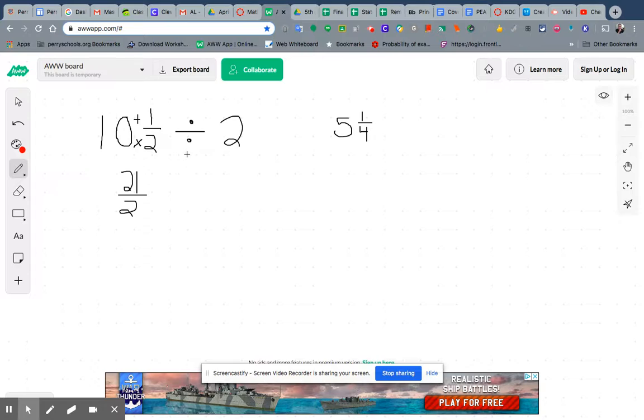Okay, then I come over and change the division into multiplication. And I have to take or rename 2 as an improper fraction. So to rename 2, I say, okay, 2 divided by 1 would equal 2. And now I've renamed 2 as 2 over 1. Once I've renamed it, I take the reciprocal, and we've been practicing this all week.